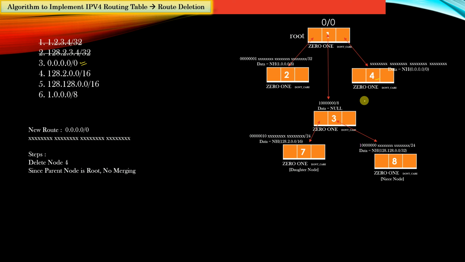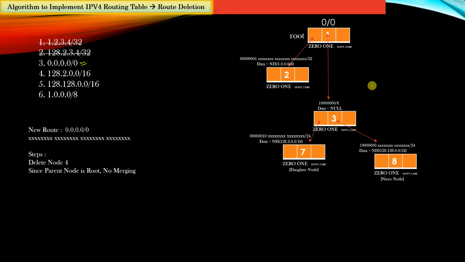Now it is an exceptional case: whenever you need to delete a node which is a direct child of the root node, you have to do nothing special, simply delete that particular node from the mTry data structure and adjust the child pointer of the parent node to point to null. So the final mTry data structure would look something like this. Node number 4 has simply disappeared from this mTry data structure.